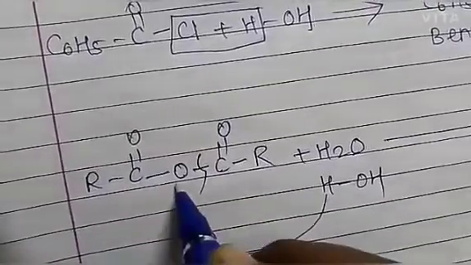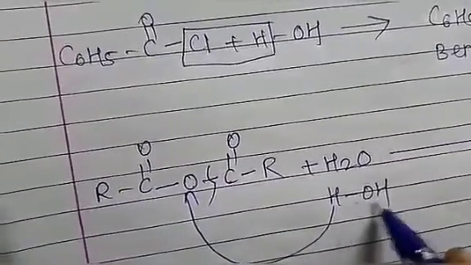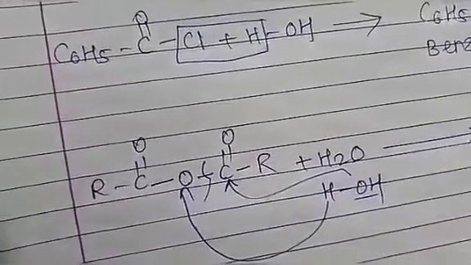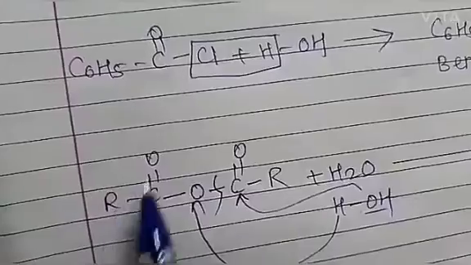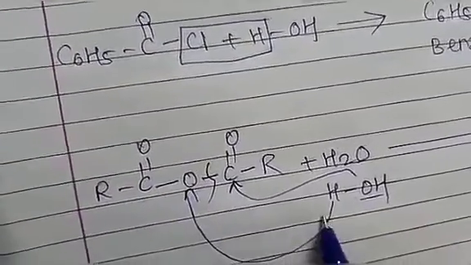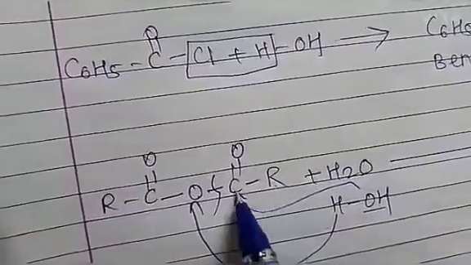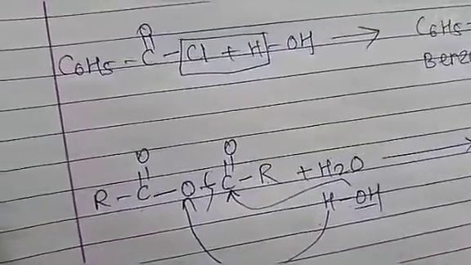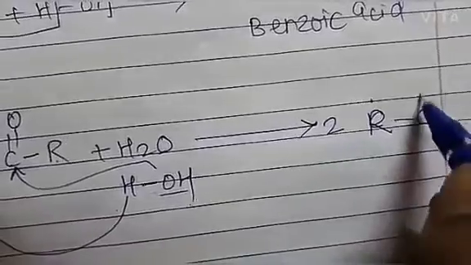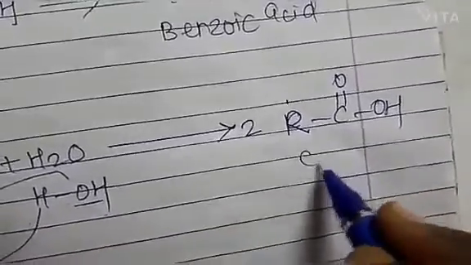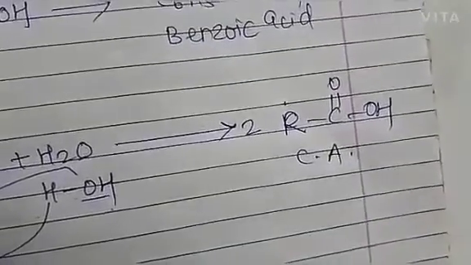The hydrogen will get attached to this oxygen, and this OH group will attach to the carbon atom. Then it will form R C double bond O OH, that is carboxylic acid. Then another one is R C double bond O OH. That means in total it forms 2 moles of carboxylic acid.